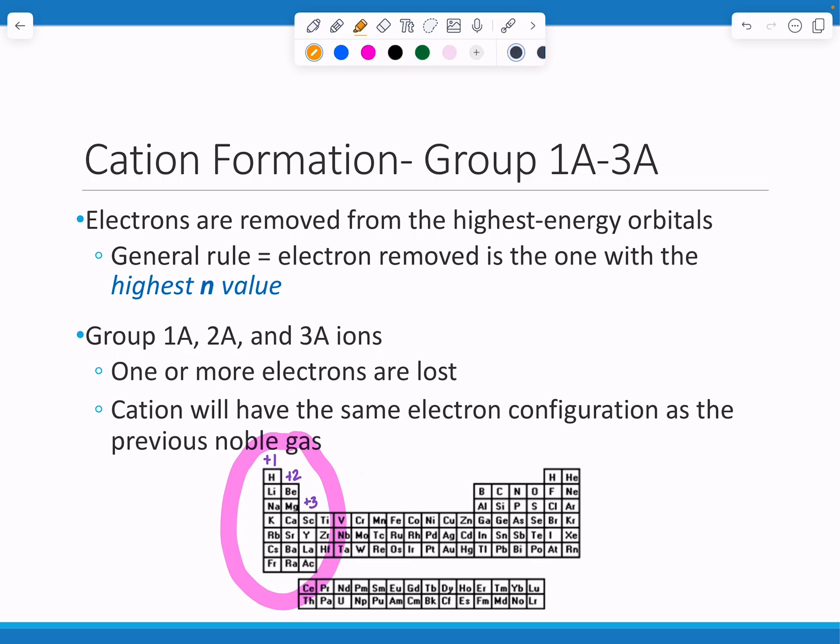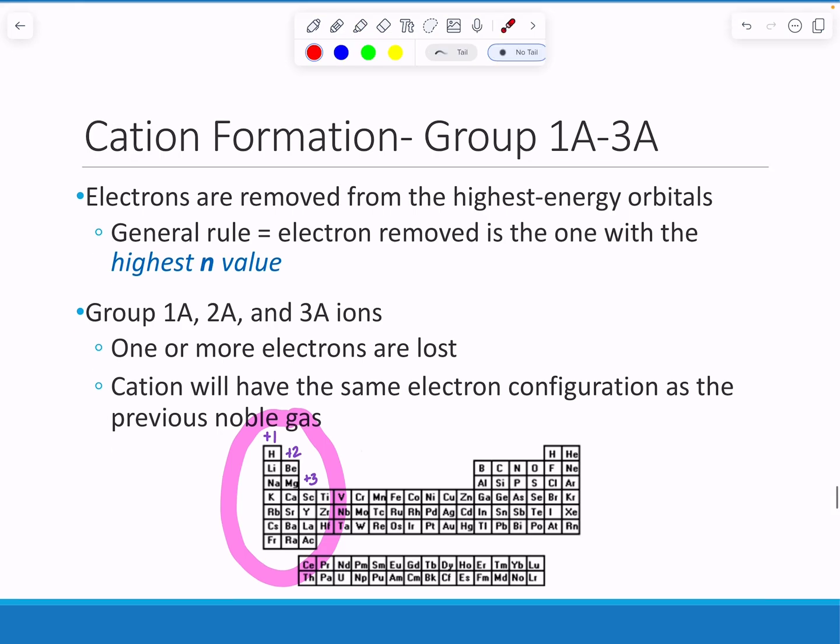So first we can talk about groups 1A through 3A, which are shown right here on the left-hand side of the periodic table. And actually, I'm going to change that. So group 3A is here. Okay, so this forms +3. Okay, so that's group 3A.